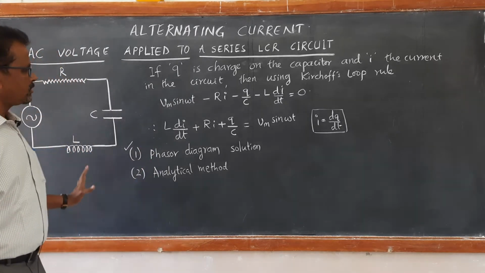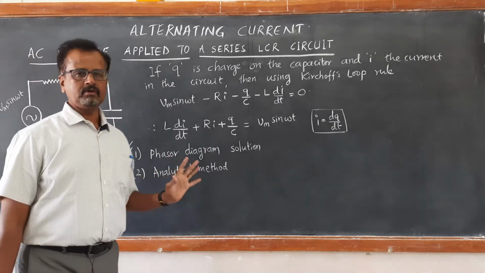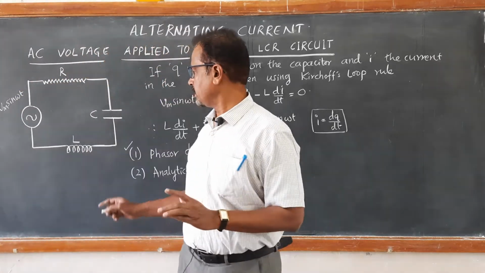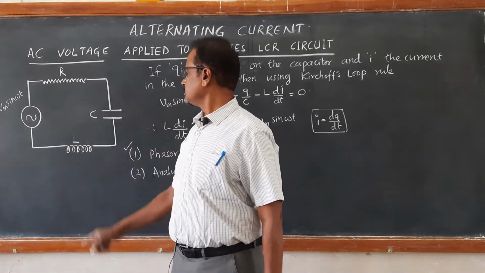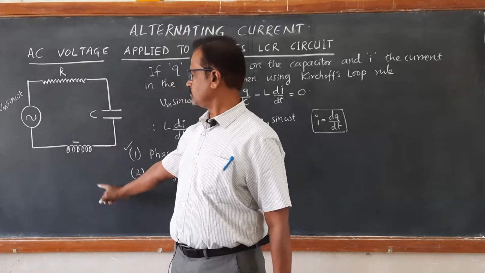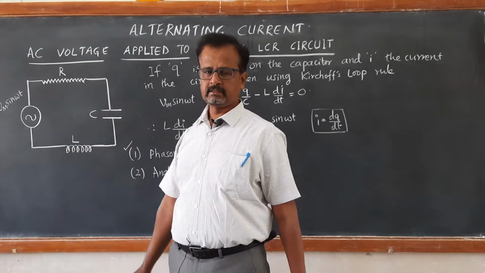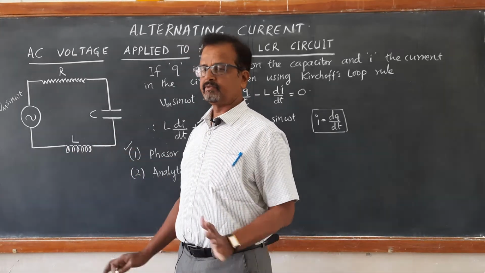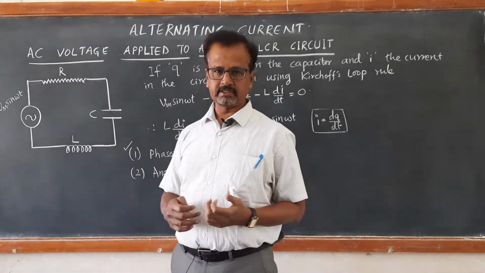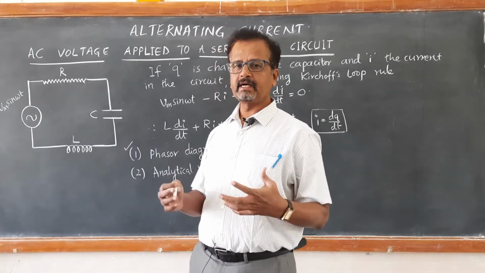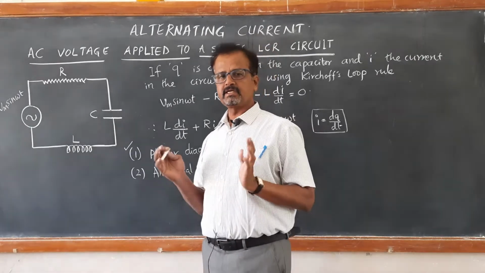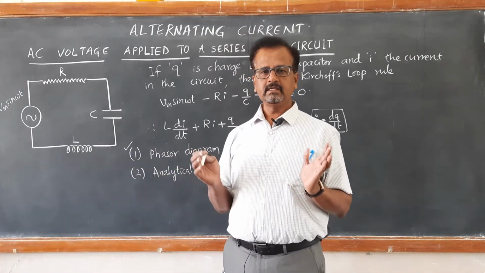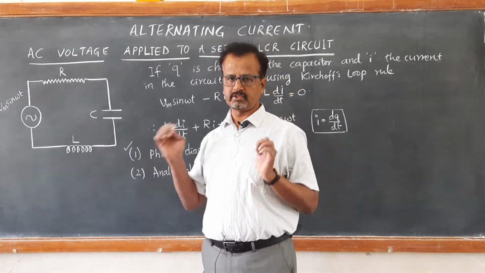We have to draw phasor diagrams for the current and the voltage across the resistor, the voltage across the capacitor and the voltage across the inductor, and then find the resultant voltage. Using that we can find the phase relation between the instantaneous current and the source voltage.